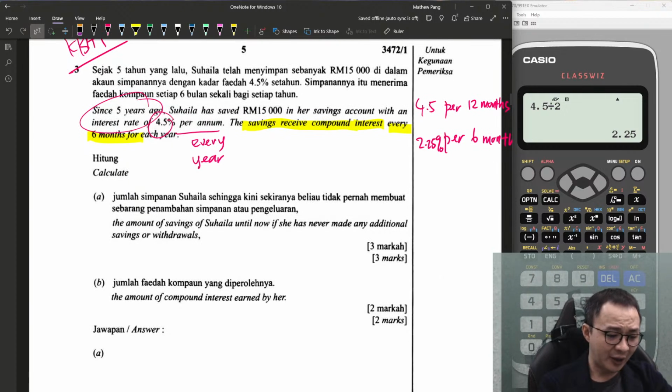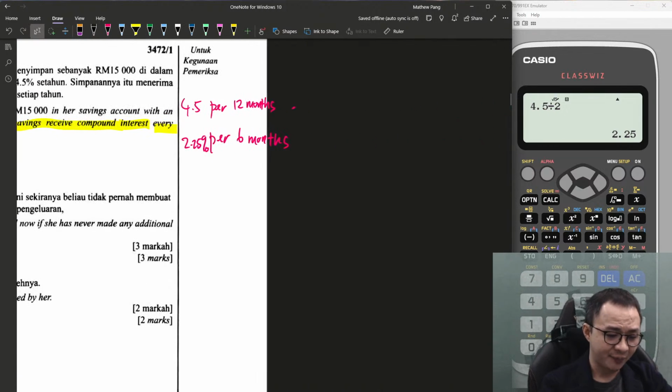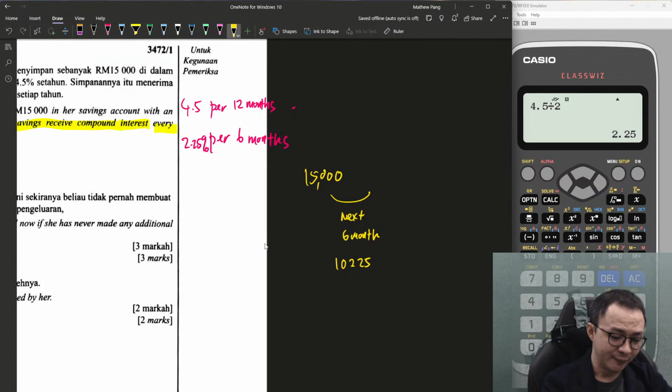So what I want to do right now is I will let 15,000 be my A, which is the first term. Then for the next 6 months, I will have 2.25%. So it's 100% plus 2.25%, and if I divide by 100, I will get 1.0225.